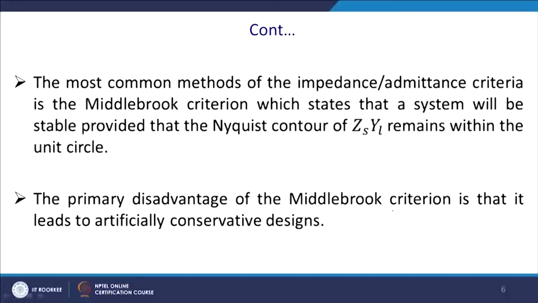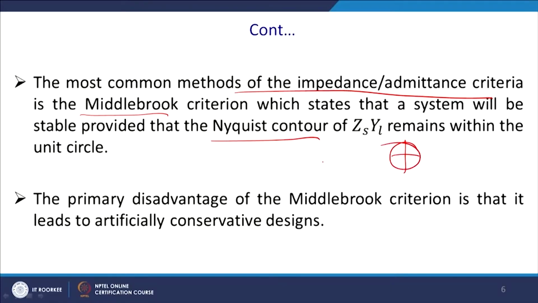The most common method of this impedance-admittance criterion is the Middlebrook criterion, which we have referred to in our previous discussions also. It states that the system will be stable provided that the Nyquist contour, that is ZS YL, remains within the unit circle.